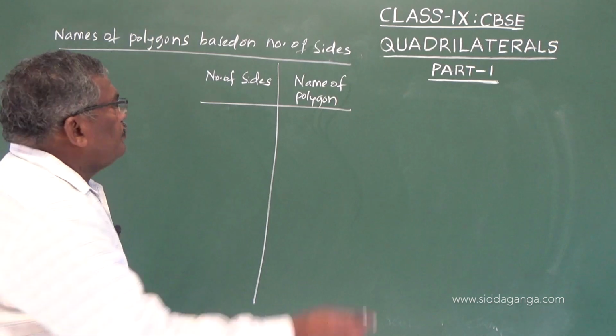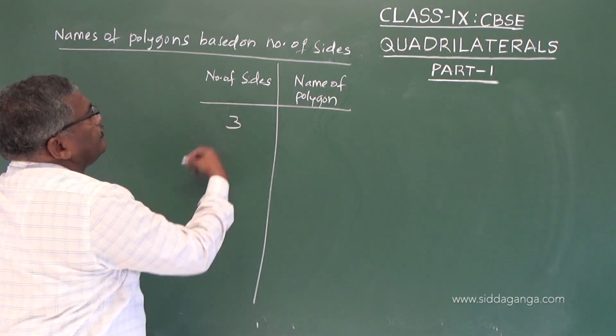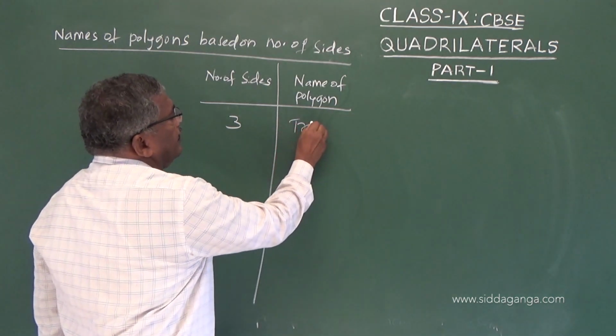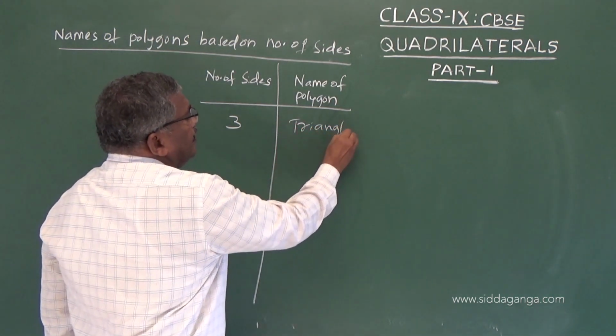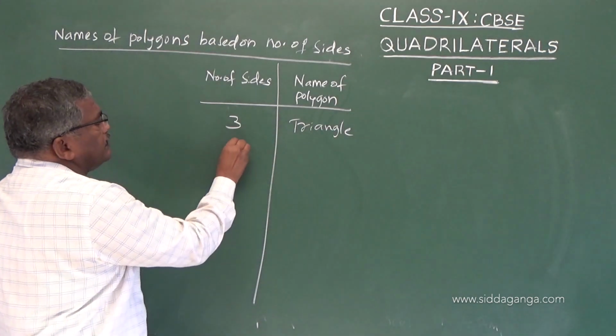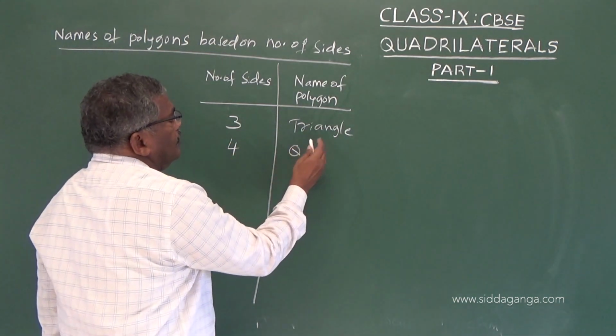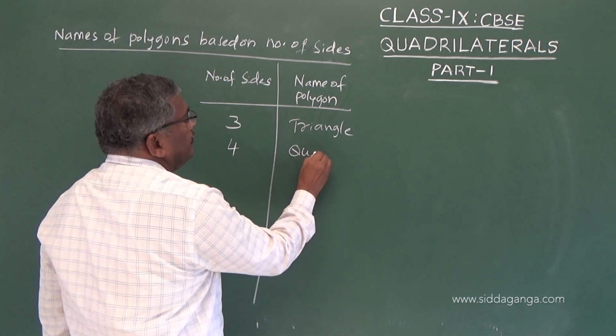As you know, if you have 3 sides, it is a triangle. If you have 4 sides, we call it a quadrilateral.